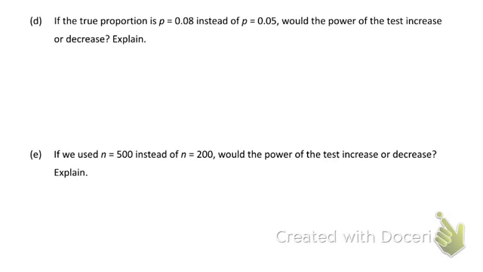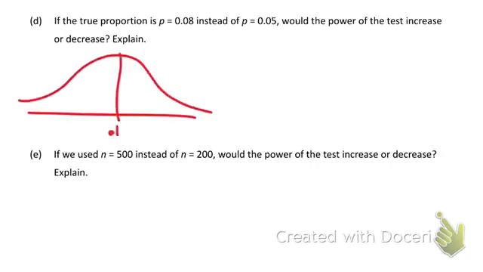This one's a little bit tricky. If the vitamin changes P to 0.08 instead of 0.05, what happens to power then? So, think about it this way. Our true proportion is currently at 11%. If I get the true proportion to decrease all the way down to 5%, it's going to be pretty easy to see a big difference, right?